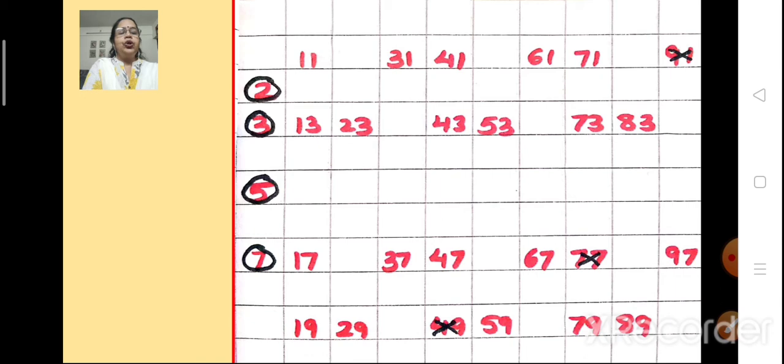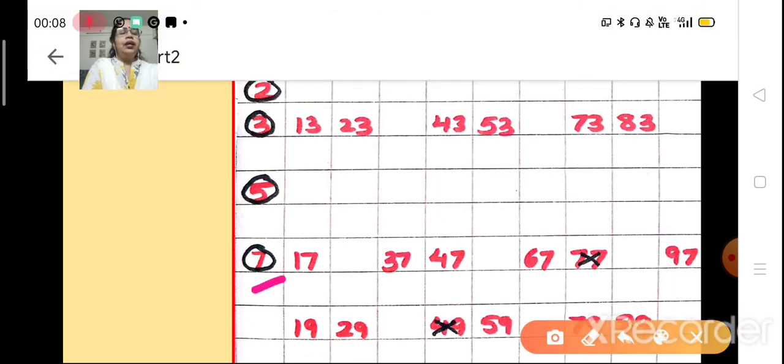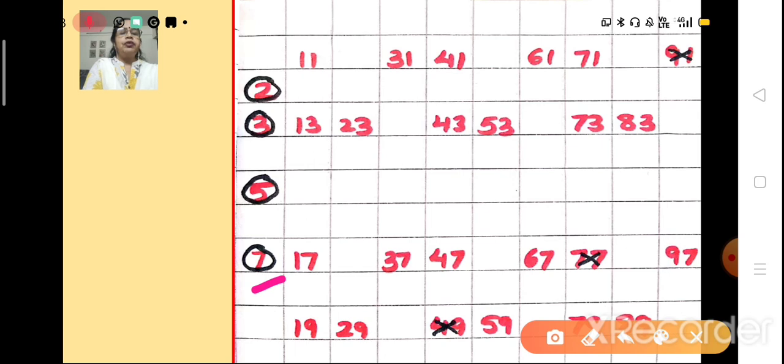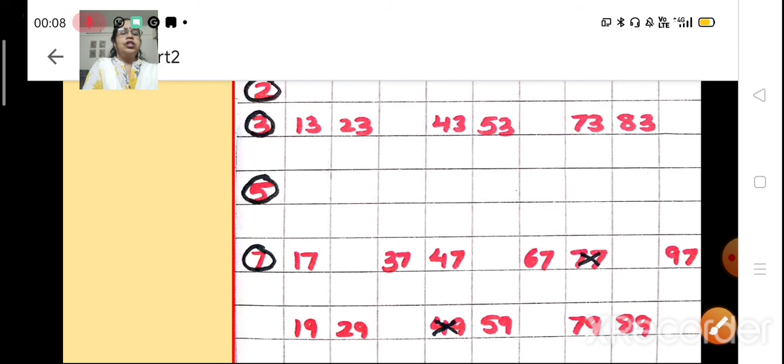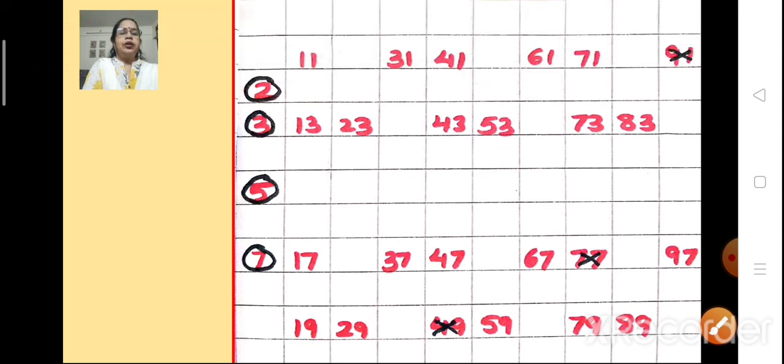So here we have encircled number 7 and crossed out the multiples of 7 that are left, that is number 77 and 49. These are multiples of 7, so they are composite numbers.